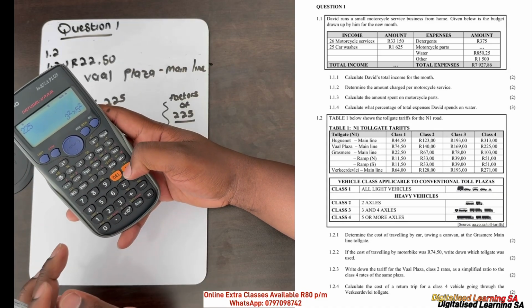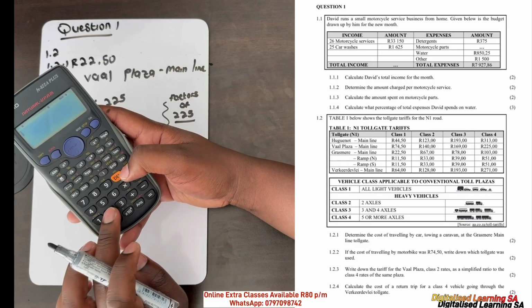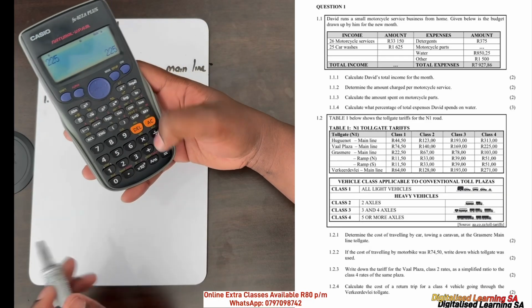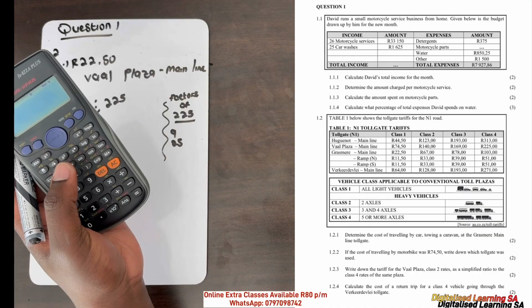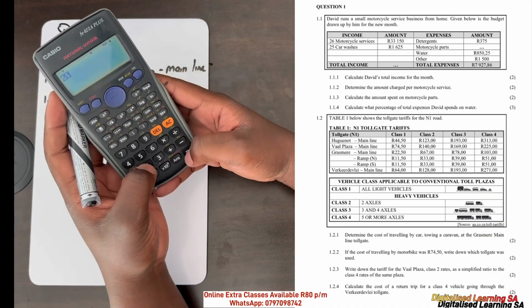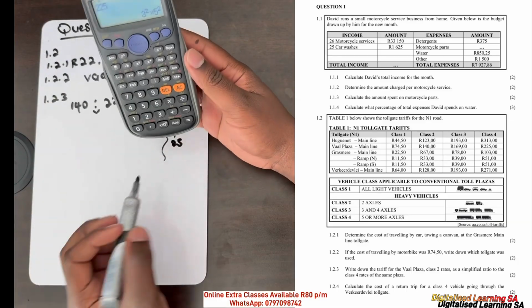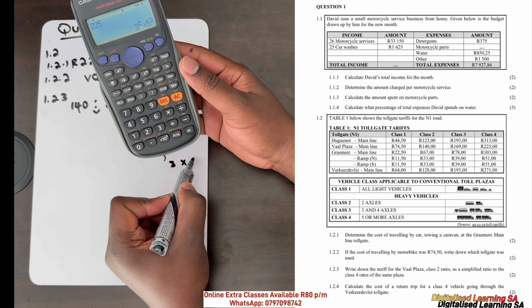And again, to get the factors easily, we can see that 225 equals 3 multiplied by 5.